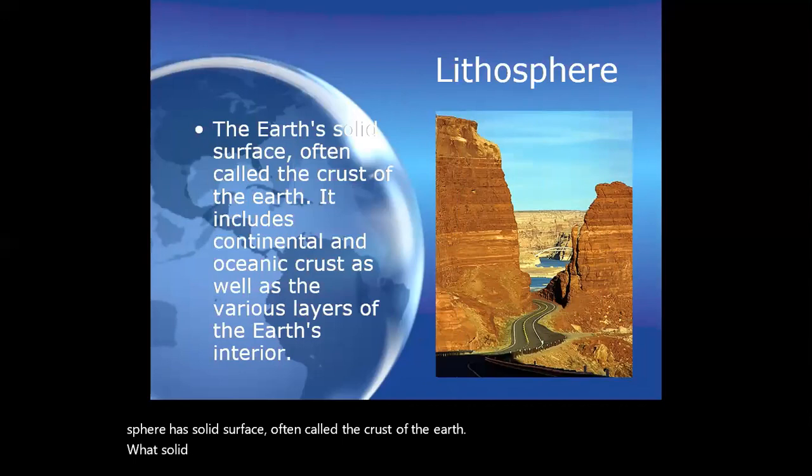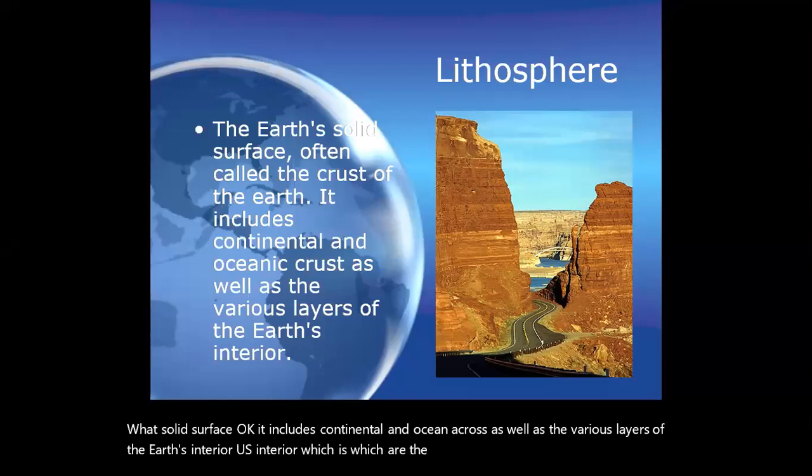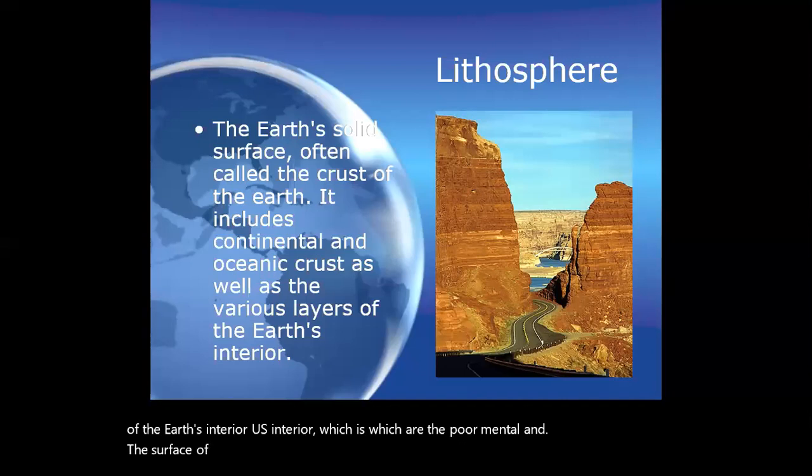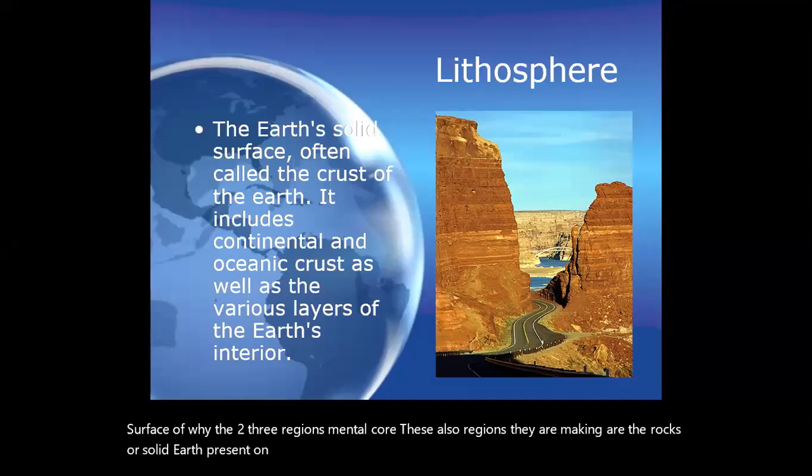Okay, it includes continental and oceanic crust as well as the various layers of the Earth's interior, which are the core, mantle, and surface of Earth, two three regions, mantle, core. These regions also make up the rocks or solid earth present on the surface of Earth. That is all included particularly in lithosphere.